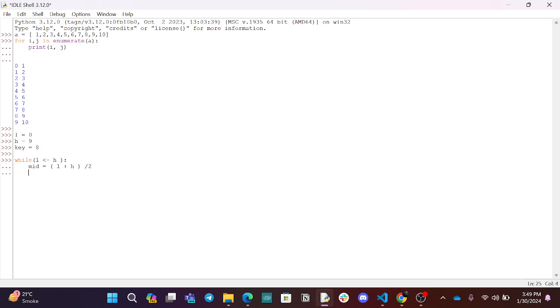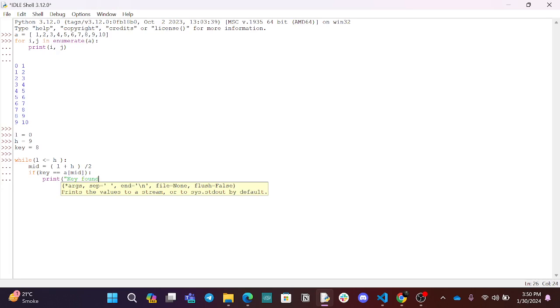Now simply check the key. If it is found at mid, then we will print it, right? Print found, sorry, it should be in a string.